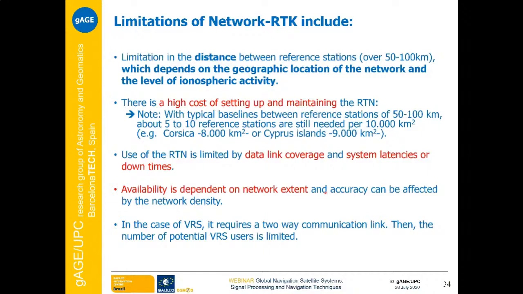It is affected by the network density, and in the case of this implementation, the virtual reference station, we need a two-way communication link. One way to send the user coordinates to the central processing facility, and another way for the central processing facility to send the virtual measurements to the user.